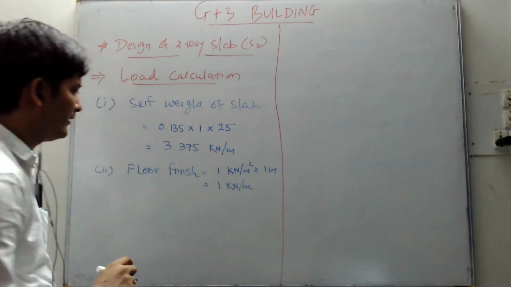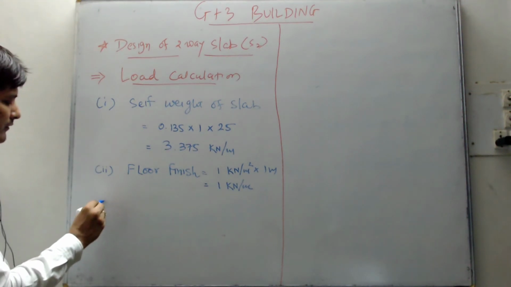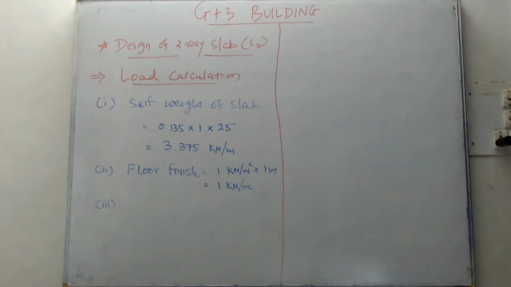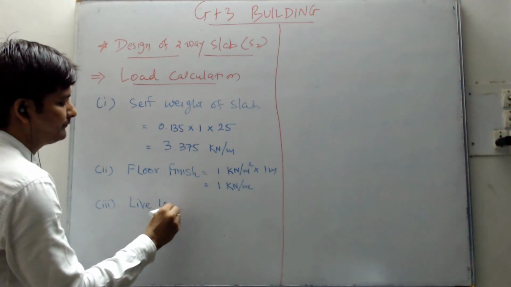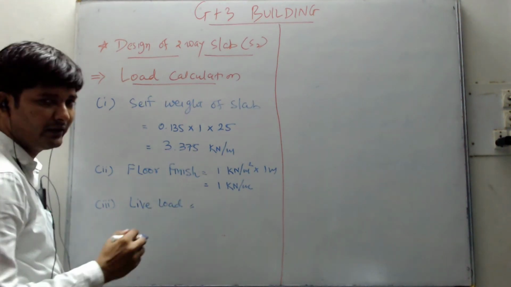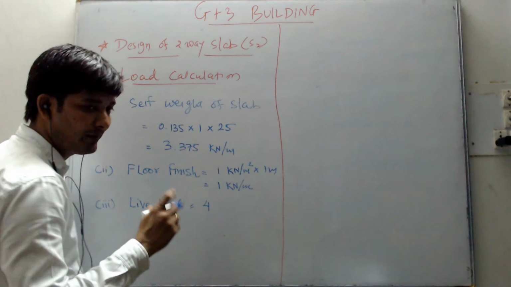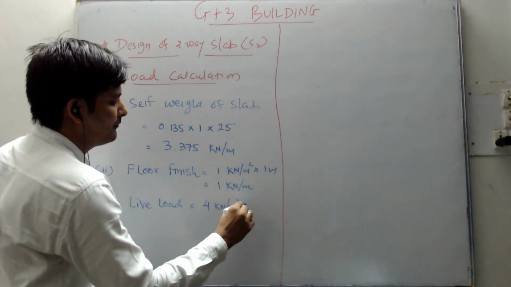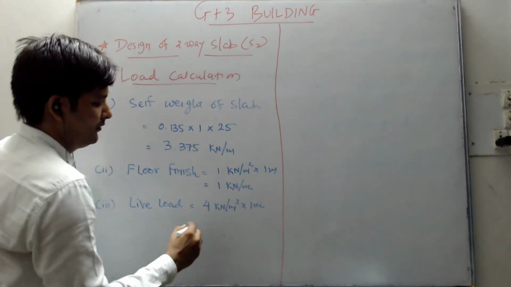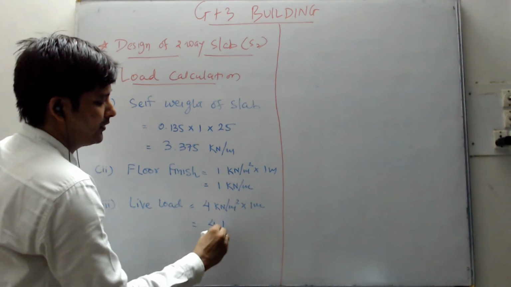And the third load that is acting on my two-way slab is the live load. If you remember, it is 4 kilonewton per meter square for a typical floor. 4 kilonewton per meter square multiplied by 1 meter run, so it will become 4 kilonewton per meter.